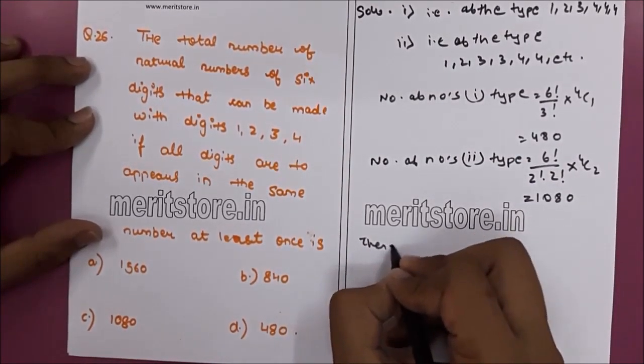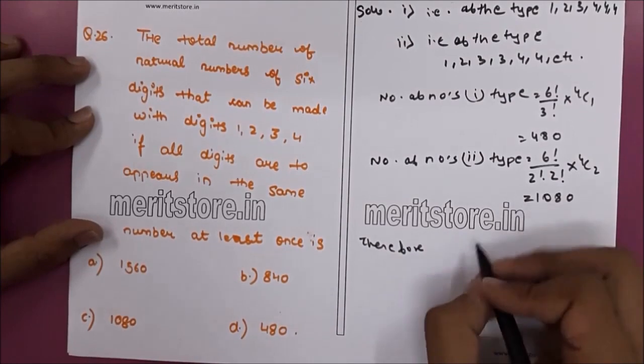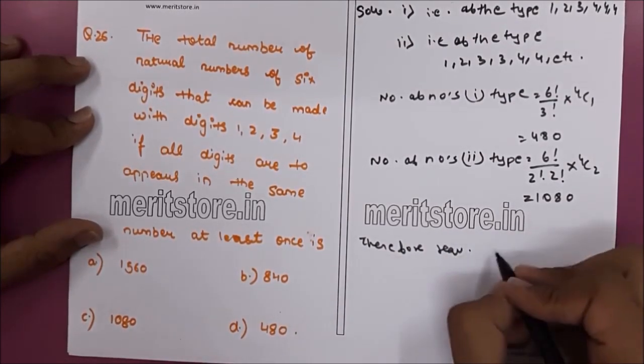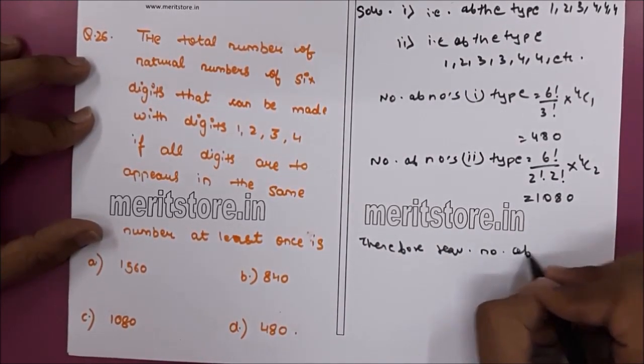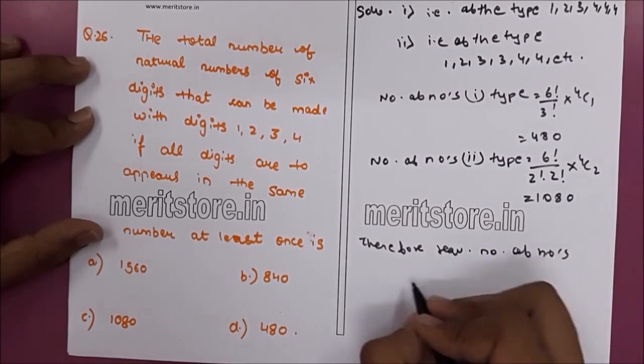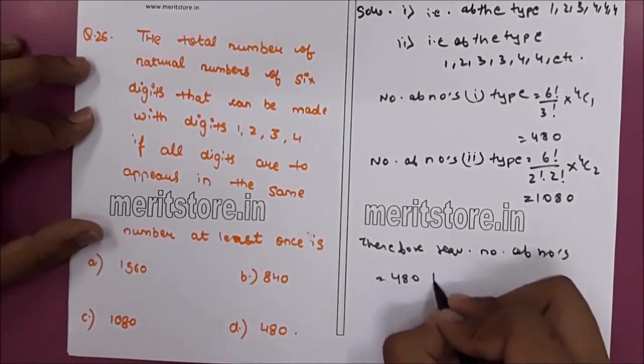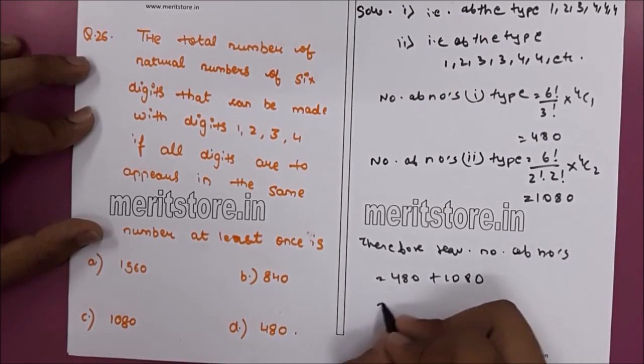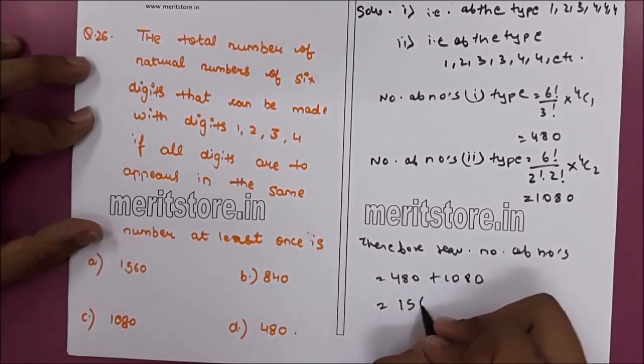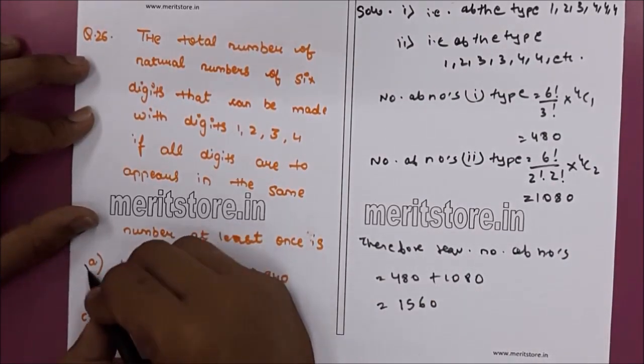Therefore, required number of numbers is equal to 480 plus 1080, that is equal to 1560. Therefore, option A is correct.